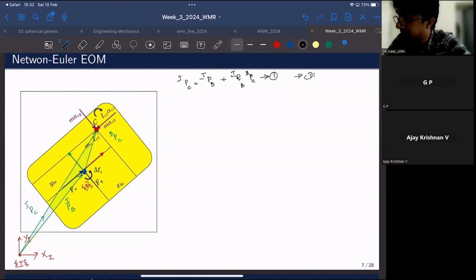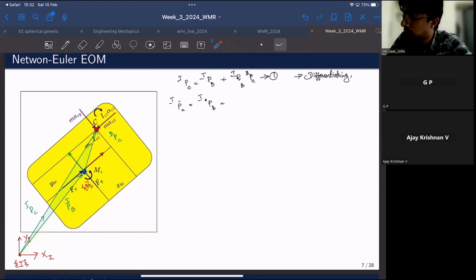So differentiating, how would that look like? The derivative of P of C with respect to I is the derivative of P of B with respect to I, plus we can use the chain rule for this term. So how will that look like?